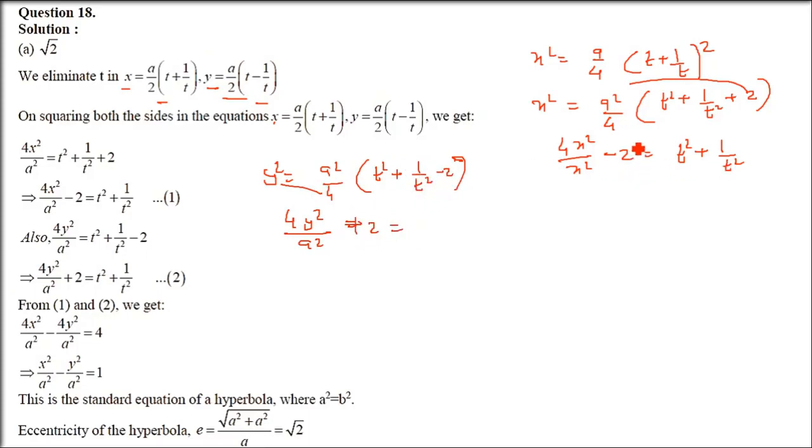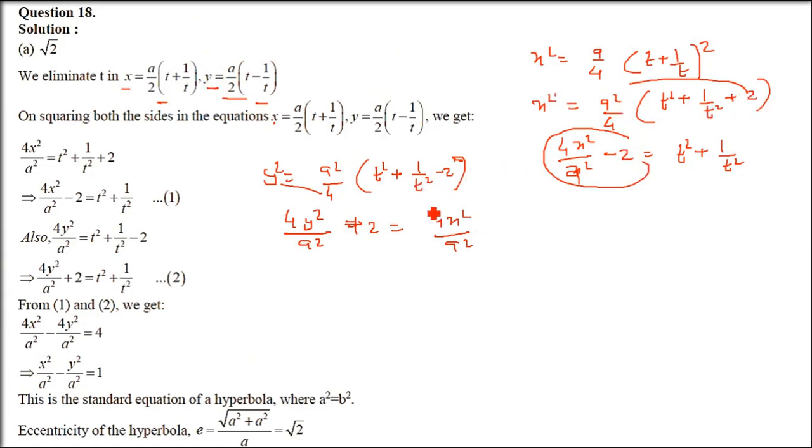Now 4x square by a square minus 2 is t square plus 1 by t square, so I am putting it here in place of t square plus 1 by t square. So you have plus 2 here and minus 2 here. Now plus 2 and minus 2 is going to give you 4.